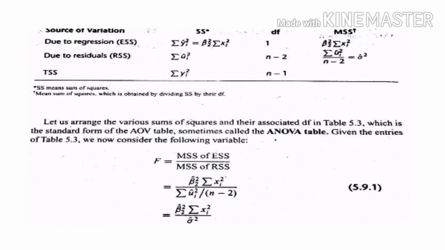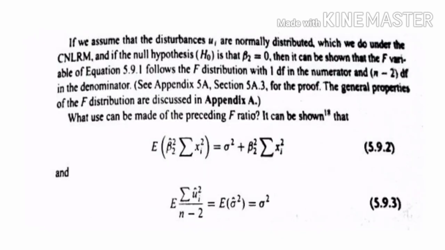In this equation, beta 2 hat square summation xi square divided by summation ui hat square divided by n minus 2 equals beta 2 hat square summation xi square divided by sigma square hat. This is the value of F. This is called the ANOVA table.